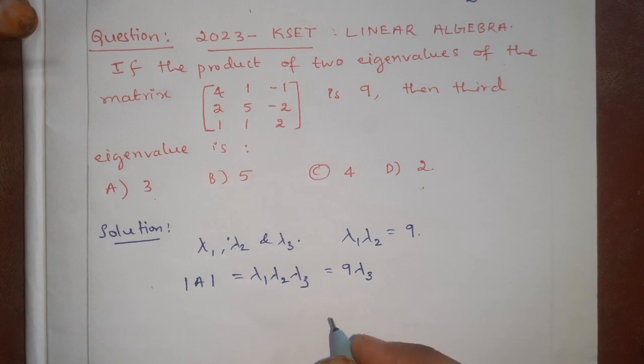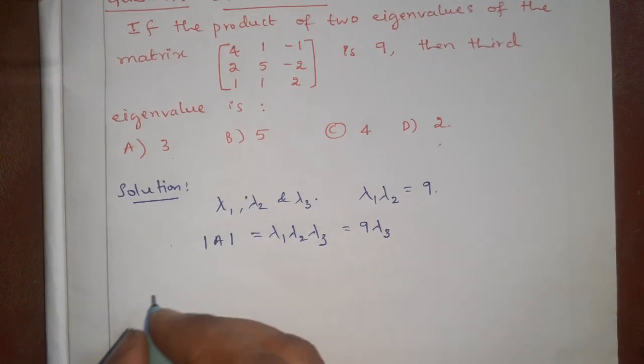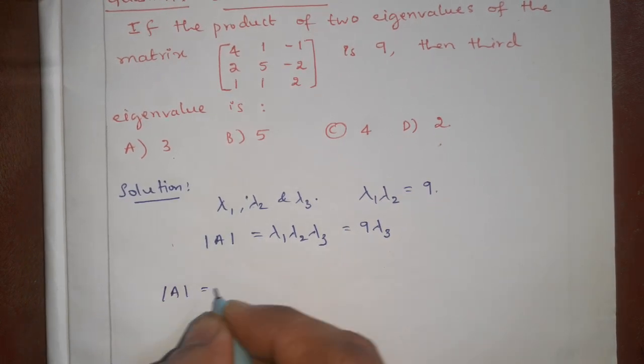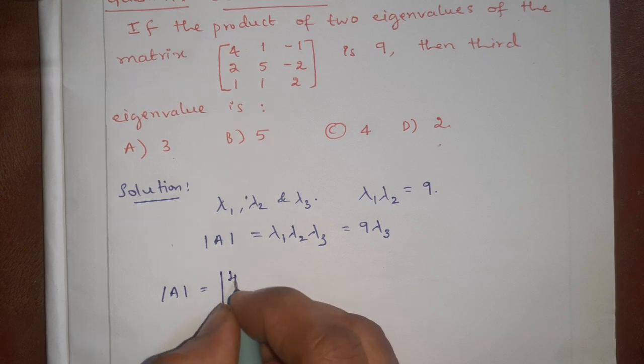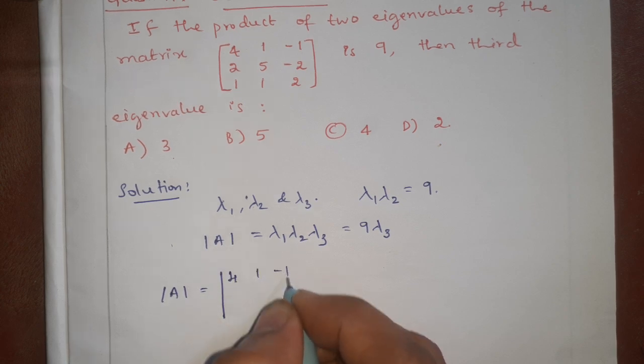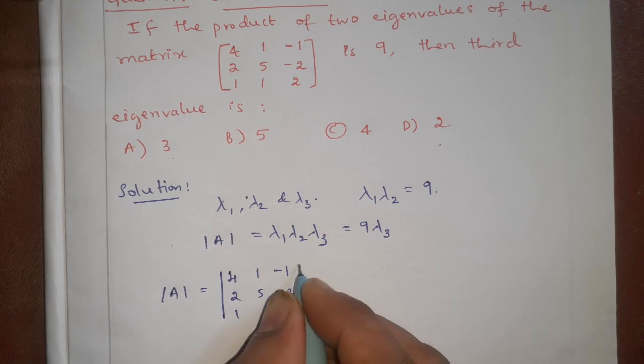Now we shall evaluate the determinant of A. Determinant of A is equal to the determinant of [4, 1, -1; 2, 5, -2; 1, 1, 2].